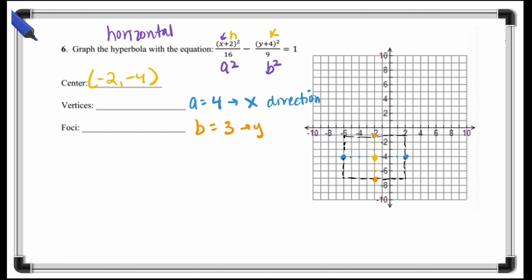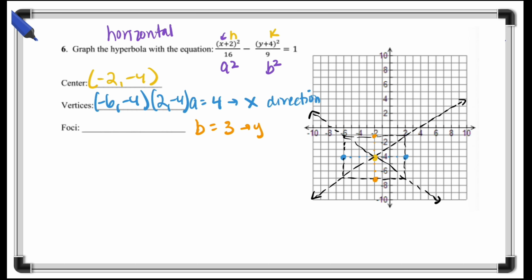So now, once you get your box, you can make your asymptotes here. Okay, so you can figure out where your branches go. And we also need to write the coordinates of our vertices. We got negative 6, negative 4, and then 2, negative 4.